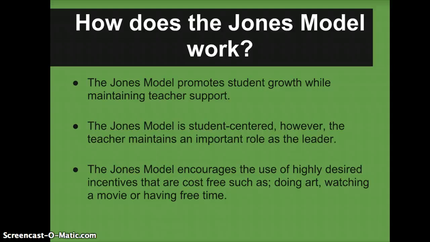The method makes a specific role for the student, but the teacher mainly has the leader role. And for rewards, the Jones model recommends things such as art or having a movie, rather than relying on more technological, expensive options.